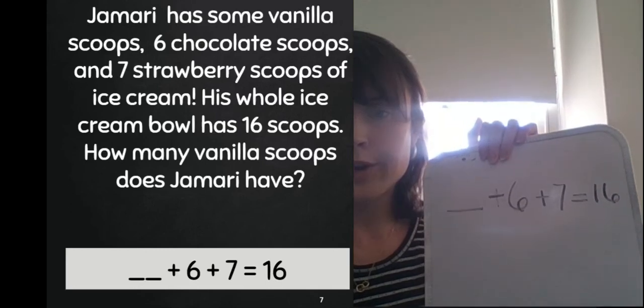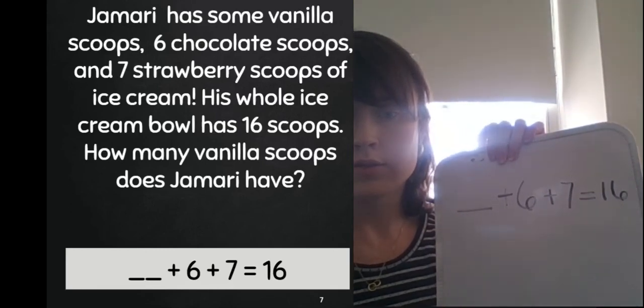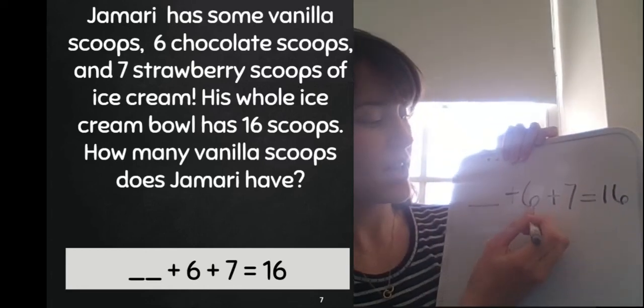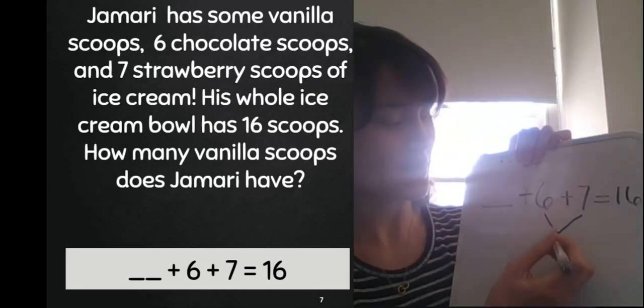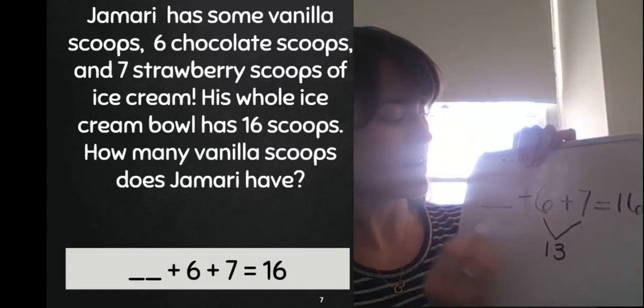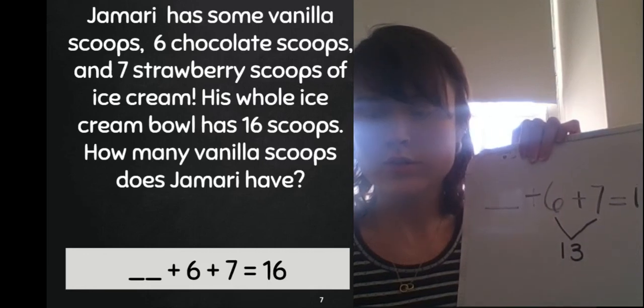All right, what should we do first? Good. We can put together these parts that we already know. Ooh, that's another fact power fact. 6 plus 7 makes 13. Okay, so we have something plus 13 makes the total 16.